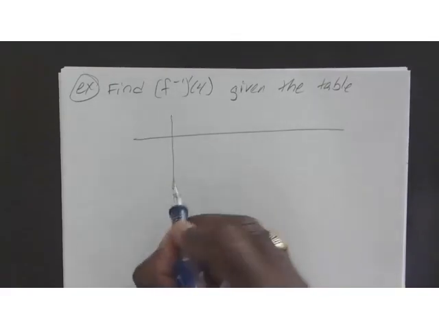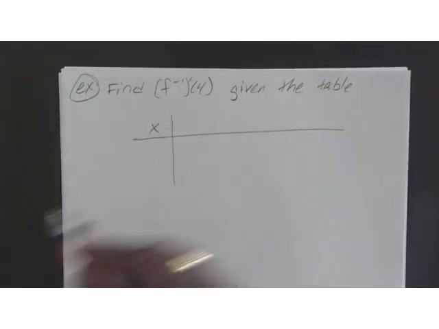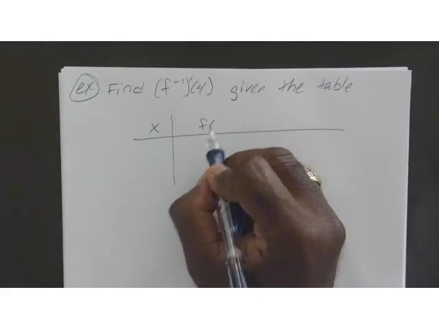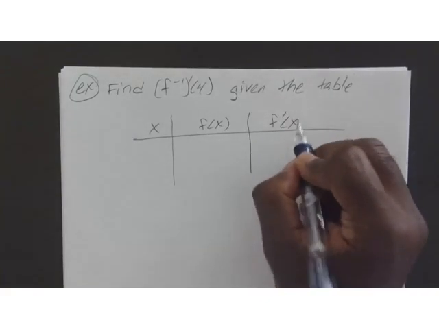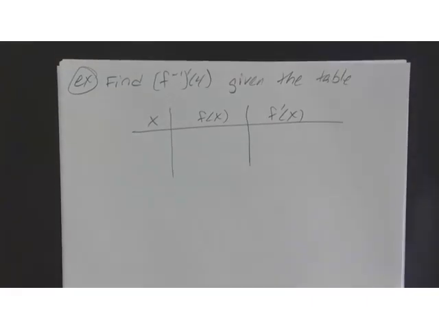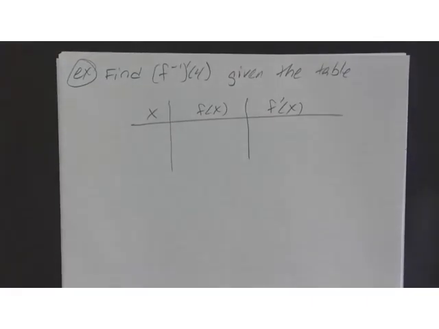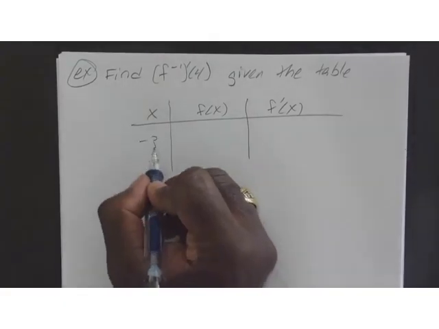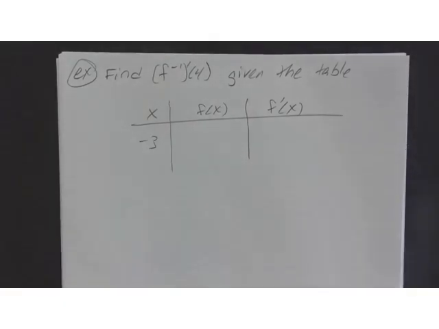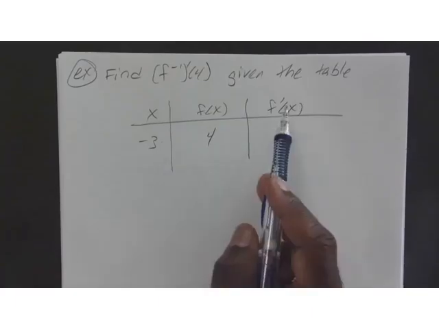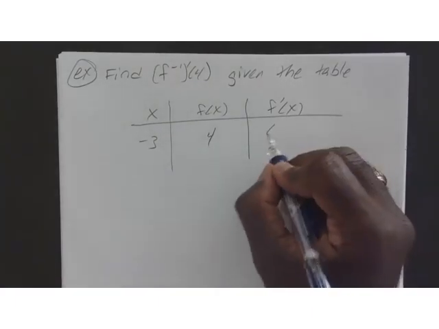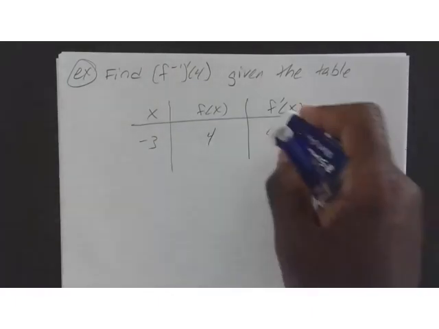And so you have your x, your f of x, and your f prime of x. Okay. So let's say we know that x is equal to -3. F of x is equal to 4, or basically f of -3 is equal to 4. And f prime of -3 is equal to -2.